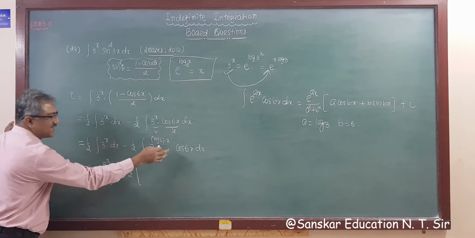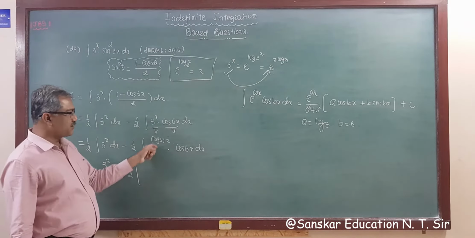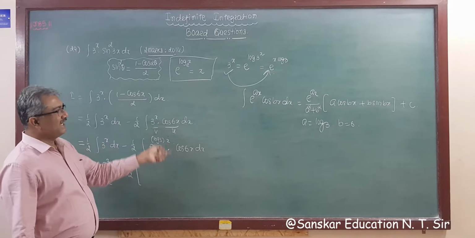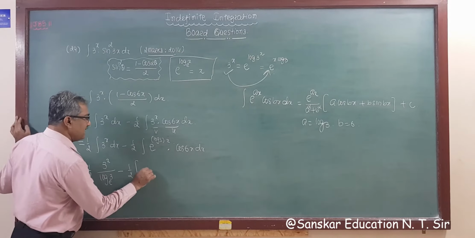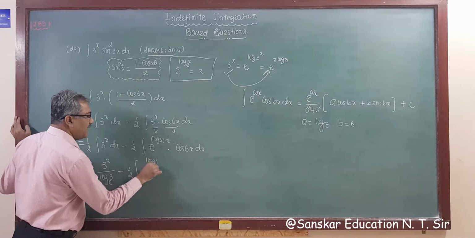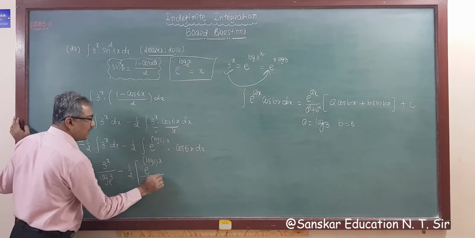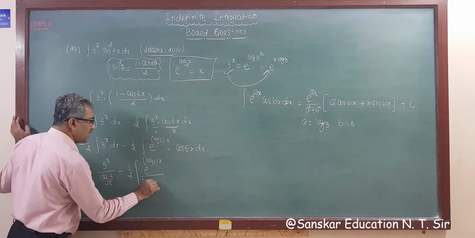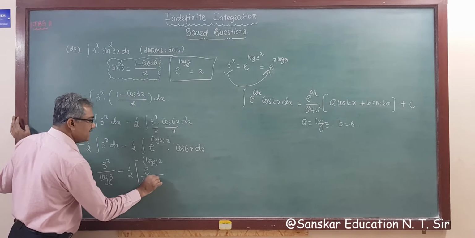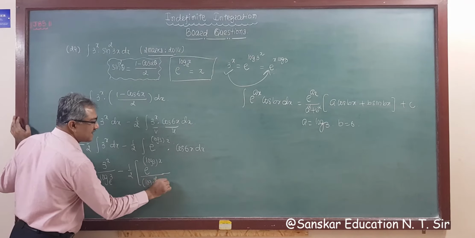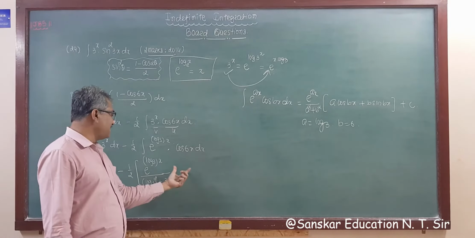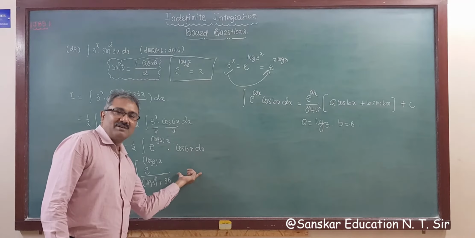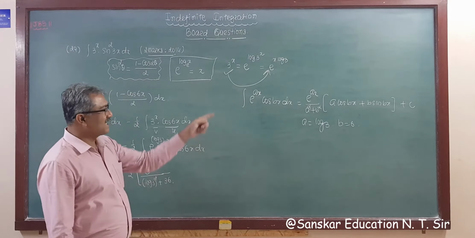Now for the e raised to ax cos bx dx formula: e raised to log 3 into x as it is, upon a square. A square is (log 3) whole square plus b square is 6 square, that is 36. And in your PDF there is a mistake, I missed out the next step, that is a cos bx.